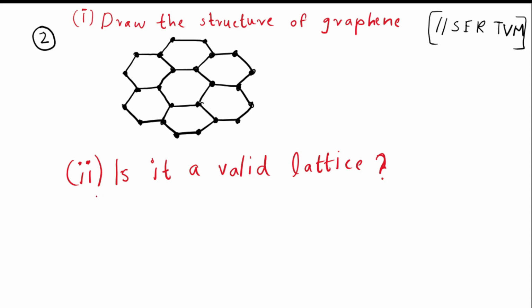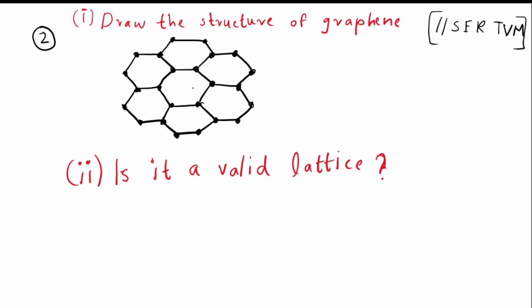We know that lattice is a mathematical space in which the atoms or molecules or anything are represented as points in space, for which the environment of one point is exactly identical to the environment of all other points. All points in a valid lattice have identical environment. That is the important part you have to highlight in the definition of lattice.